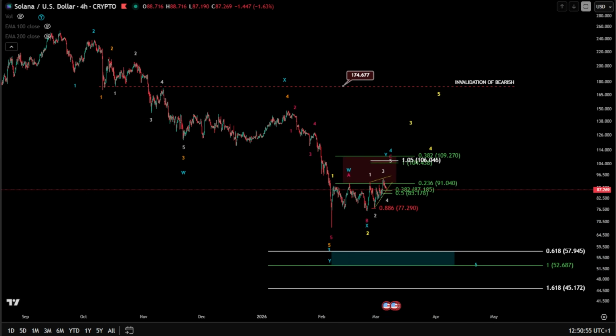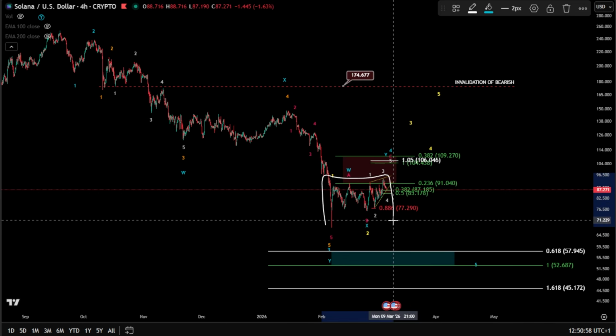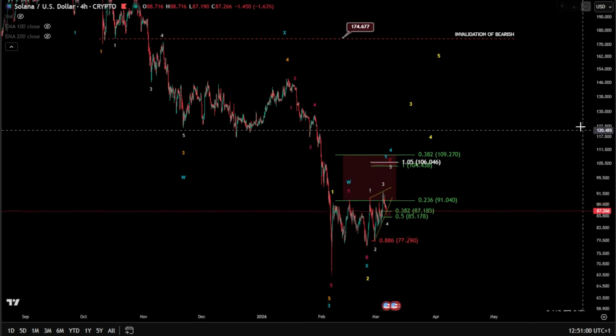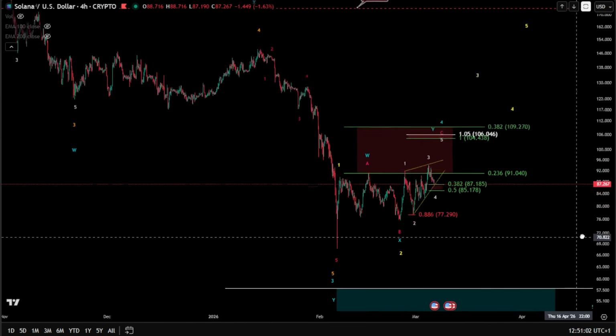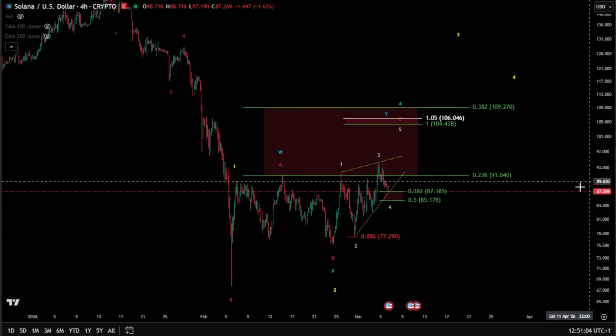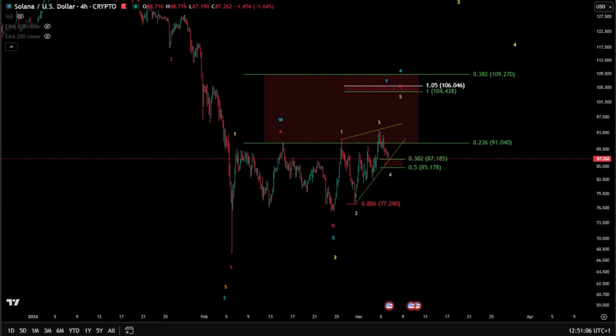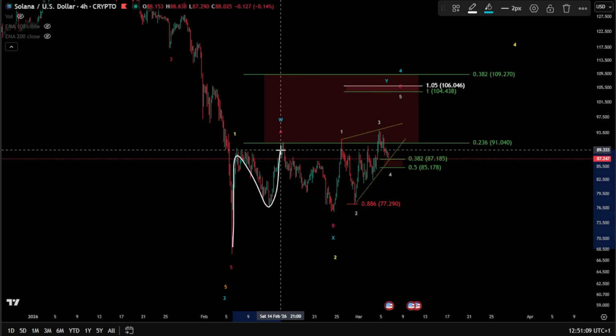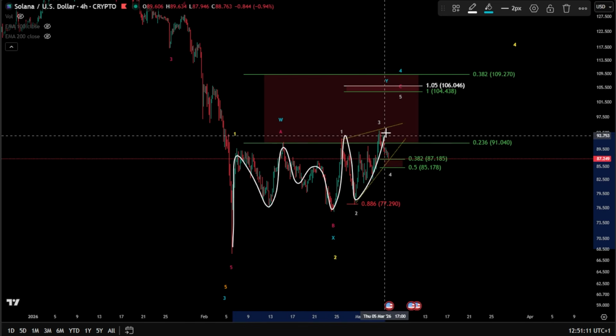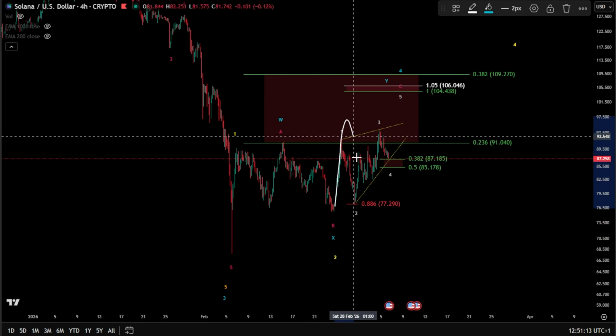Currently, this correction, in case it is a correction, I believe it is not yet done, and that is for several reasons. The first one is that if you are in W, X, and a Y here, W and X and a wave Y, okay, this looks like 3 waves, right?